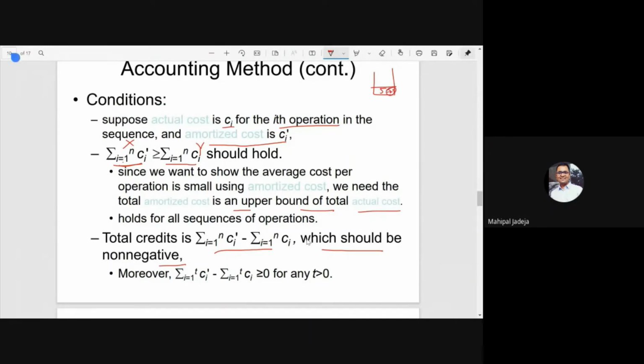This doesn't make any sense, because in the future a pop operation will come, and we need to pay $1 for the pop operation. And we also need to pay $0.5 to compensate for the previous operation. So basically we need to pay $1.5, and we don't have that much. This kind of inconsistency will come if this constraint is not satisfied. Therefore we must make sure that this difference is always non-negative.